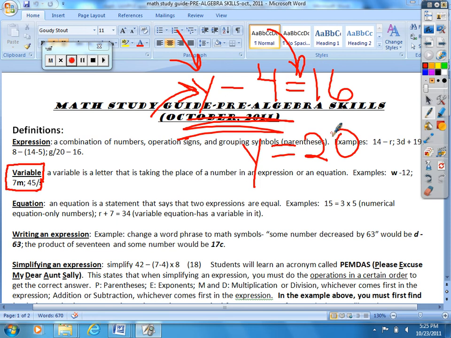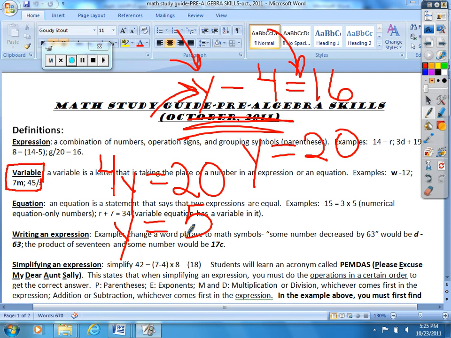Well, in this problem, y isn't 20. Because now y has changed, its value has varied. This time I need to find out what the value of y is. 4 times something is 20. Well, what is y? Well, y is 5, because 4 times 5 is 20. So you can see that the value has varied. That's why it's called a variable.